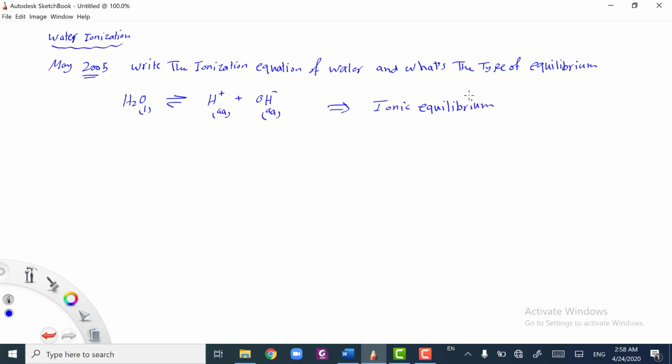Simple and easy question. Okay, give reason: water is neutral on litmus.